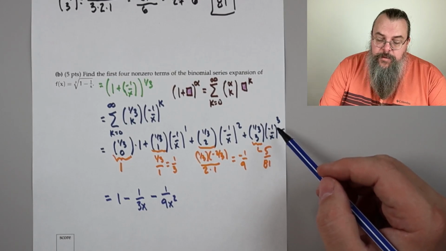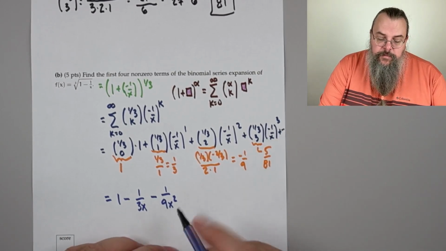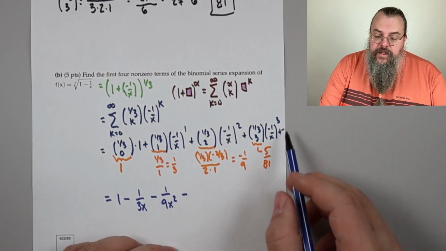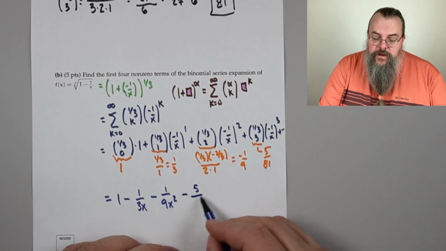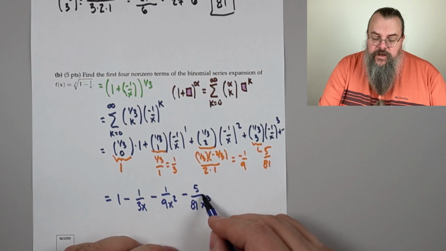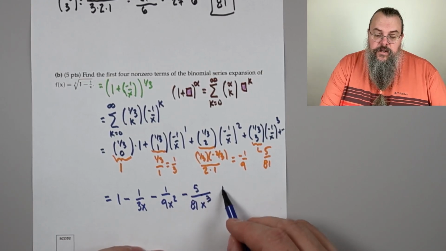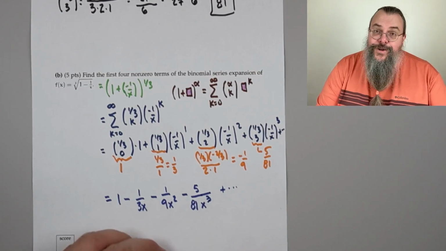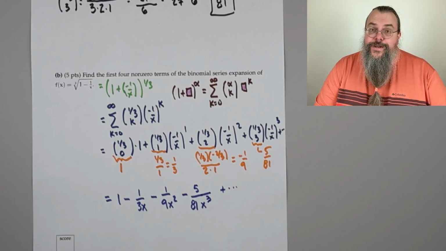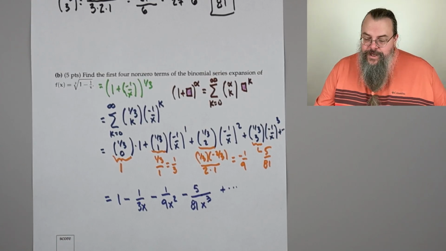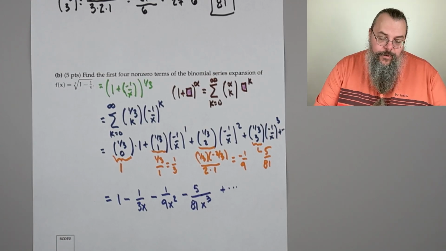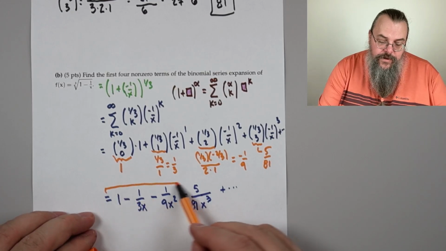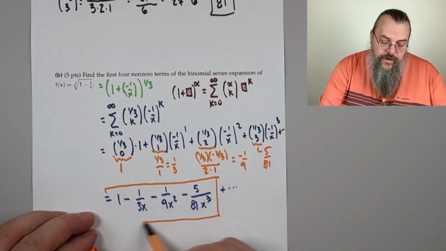So that's going to become a minus. That's a plus, so the minus. And then we're going to have 5 over 81, and again an x cubed downstairs. And, well, here we go. That's 4 non-zero terms. So we stop, and we're done. Great, wonderful.